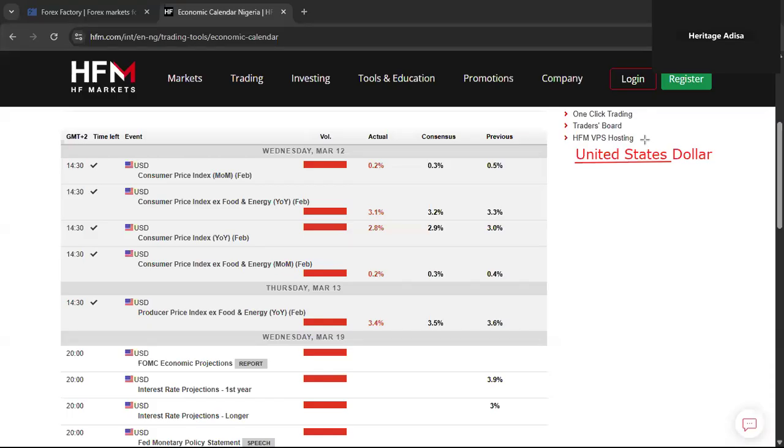It is also the reason why you have the Australian dollar, the dollar that comes from Australia. It is also the reason why you have the New Zealand dollar, the dollar coming directly from New Zealand, right?